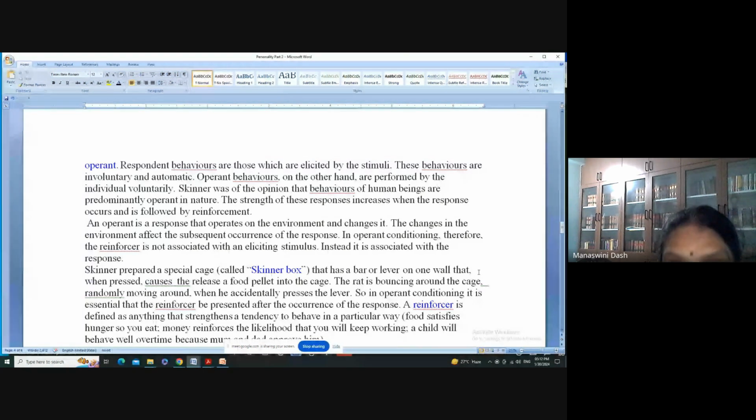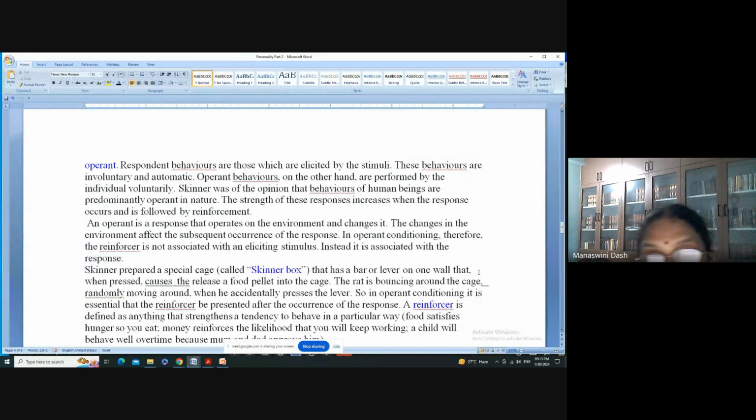In classical conditioning, the reinforcer was food, and food was associated with the bell. So UCS was the reinforcement, and it is a stimulus, and it is associated with another stimulus. That's why classical conditioning is S-S association, stimulus association.